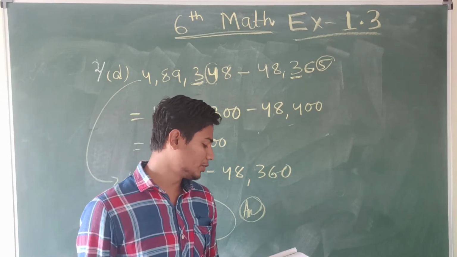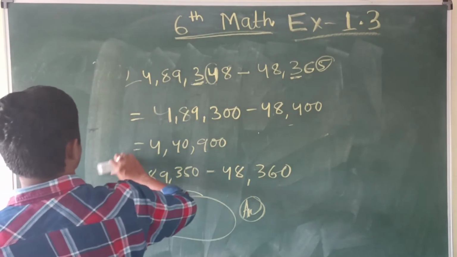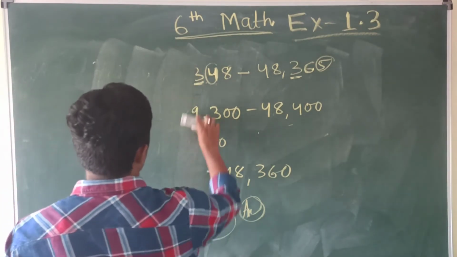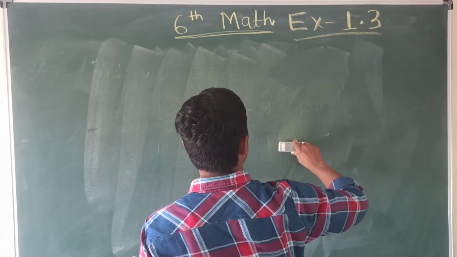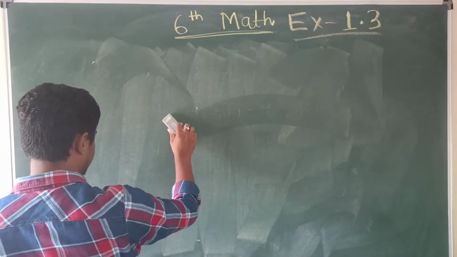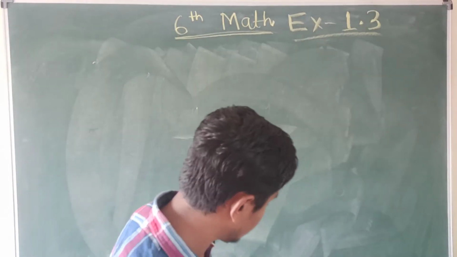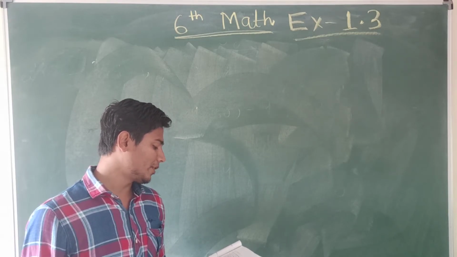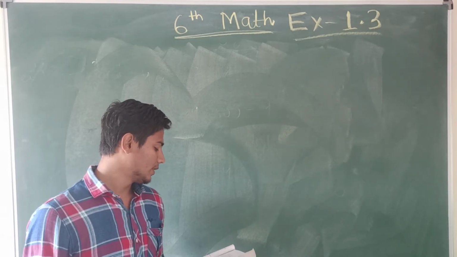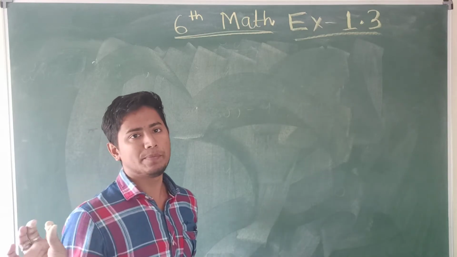Now move to question number 3. So question number 3, estimate the following products using general rule. So here what can you do? You can multiply.